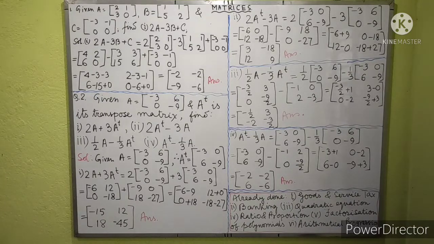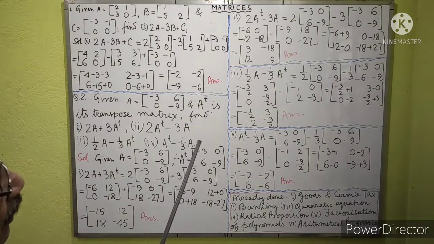And 3 into minus 3 is minus 9, 3 into 6 is 18, 3 into 0 is 0, 3 into minus 9 is minus 27. By subtracting, we get minus 6 minus minus 9, which is plus 9, and 0 minus 18, 12 minus 0, and minus 18 minus of minus 27, that is plus 27. The answer is [3 -18; 12 9]. This is the answer of the second question.